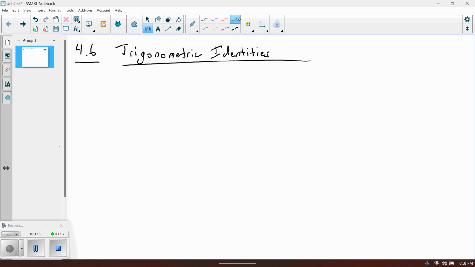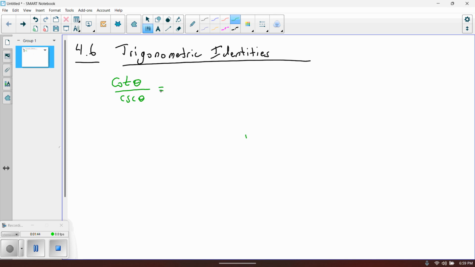So if you have something like cotangent of theta and you divide that by cosecant of theta, well, that is not in its most simplified form. What we like to try and do to get something in a simplified form is to try and get rid of any kind of fractions and try not to, if possible, and it's not always possible, but try not to leave trig functions in the denominator.